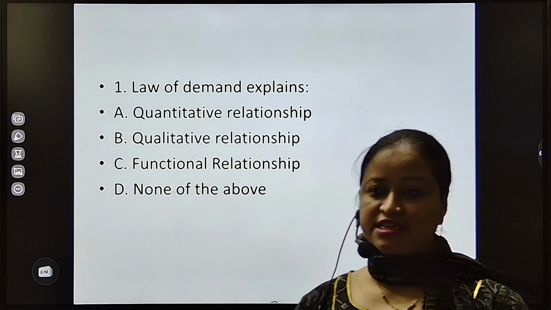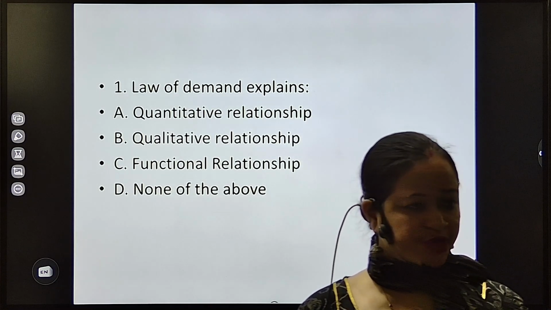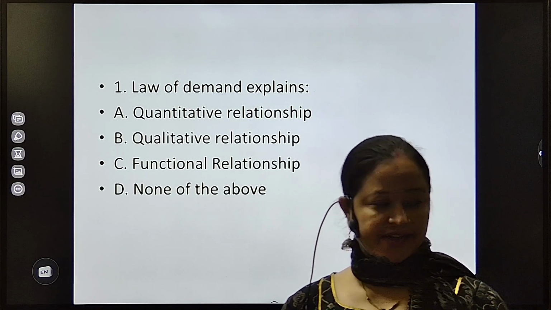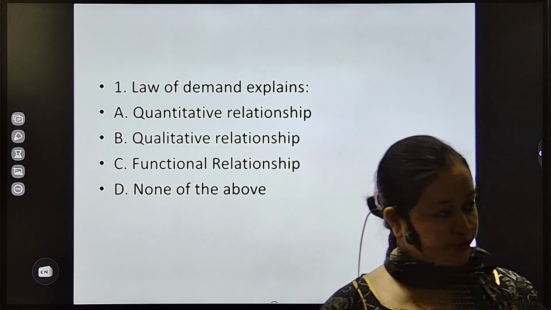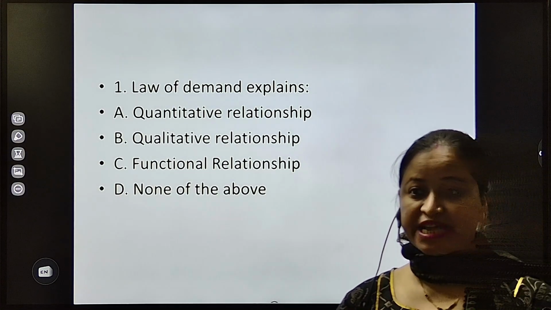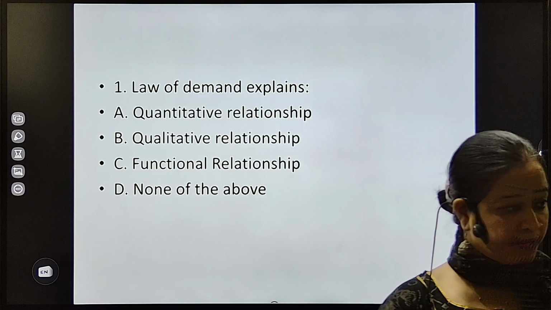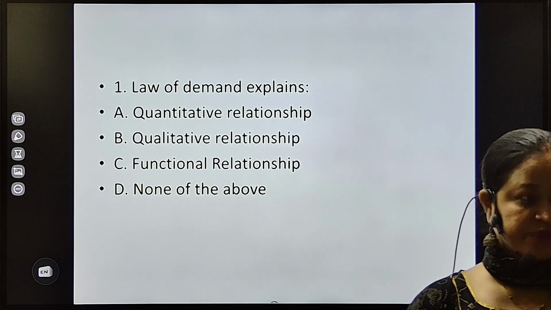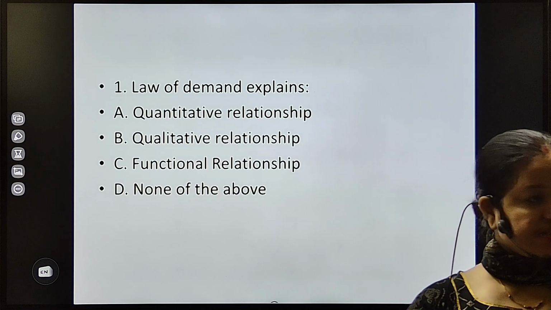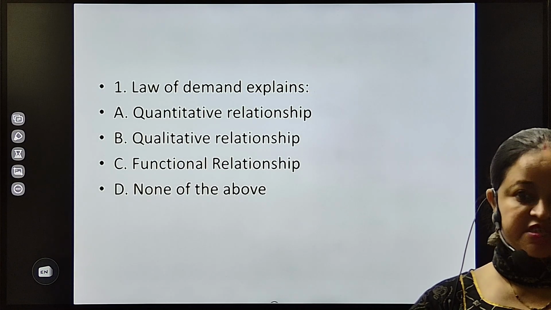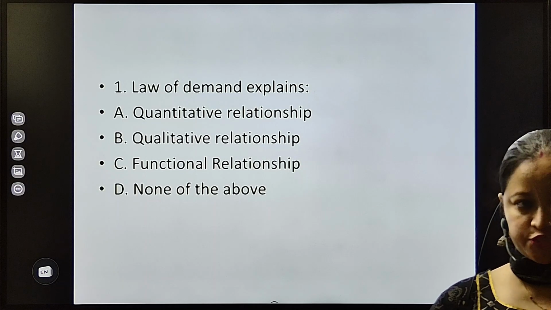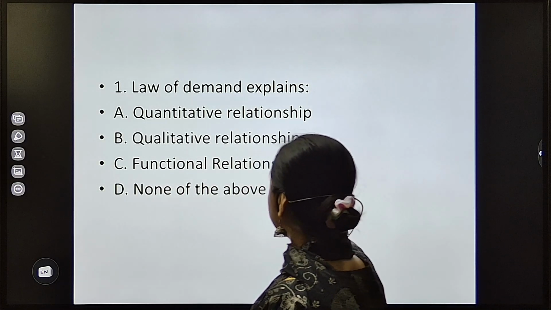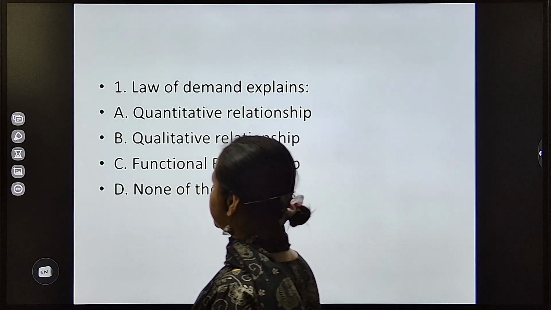Own price of the product, the price of related goods, income of the consumers, population, favorable taste and preferences of the customers, and future expectation. These are the factors affecting the demand of a product. So there is a functional relationship, and functional relationship will be the correct option.